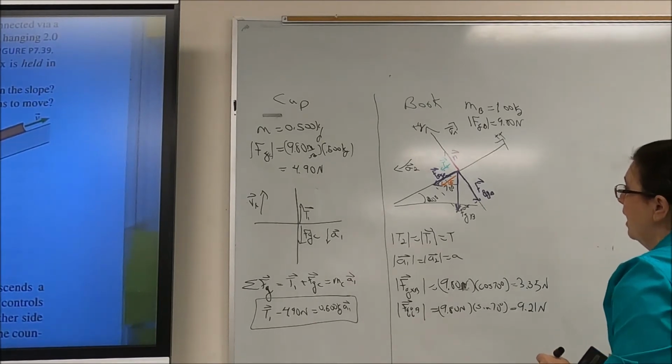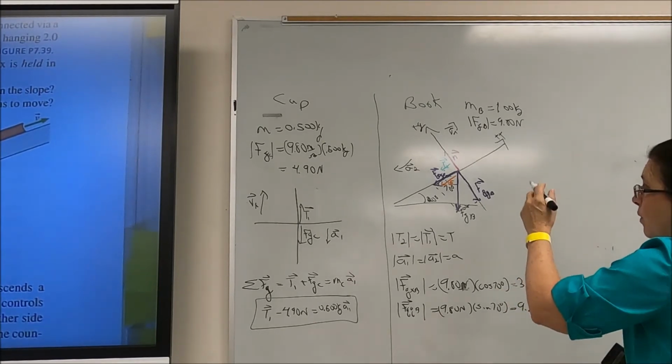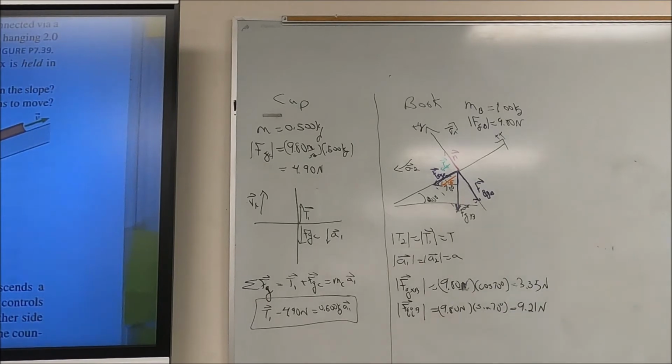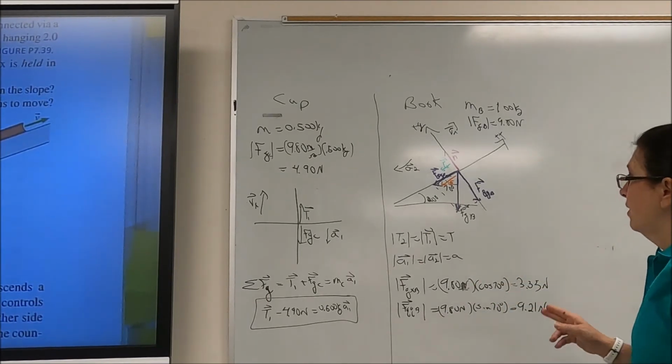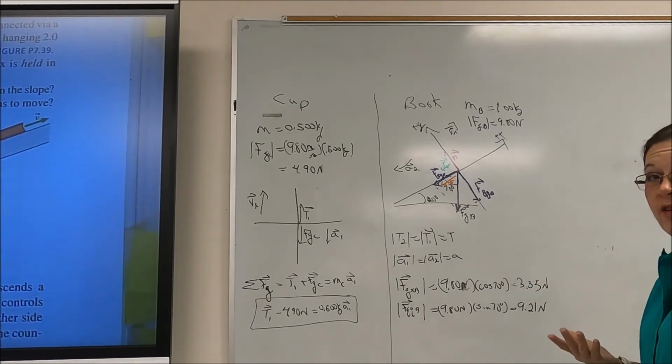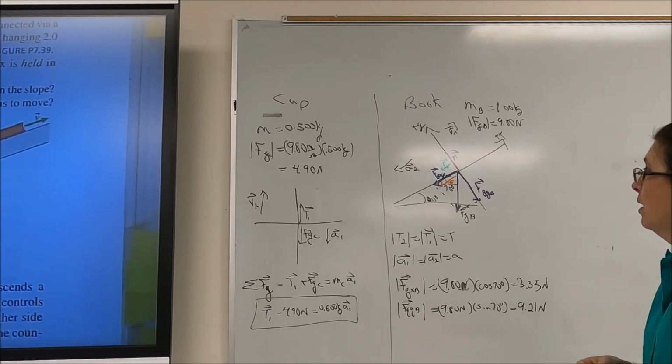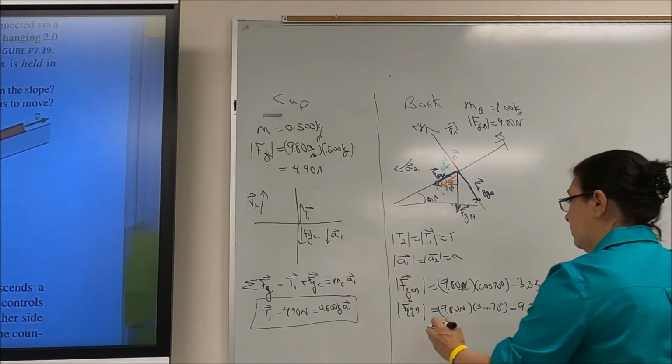Okay? Now, I'm going to go after the sum of the forces in the Y direction first. Two reasons. Number one, in the Y direction, the sum of the forces is 0. And number two, I need the normal force to be able to calculate the frictional force.